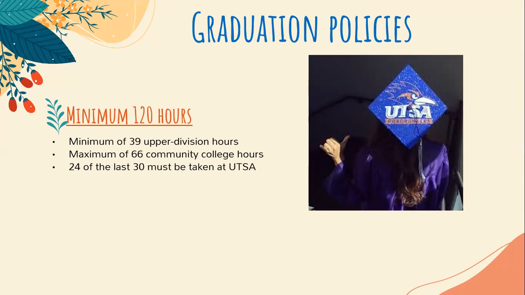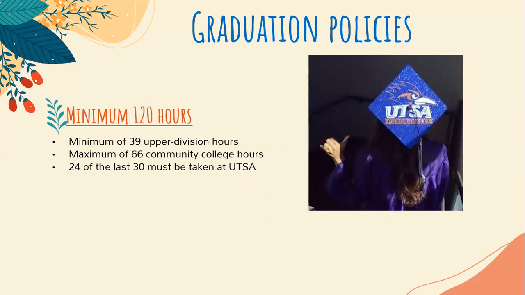For students who have brought in transfer credit, a maximum of 66 community college hours can be applied towards your degree progress at UTSA. And then the residency requirement states that 24 of the last 30 hours must be taken at UTSA. Previously, this was important for students who intended to study abroad.